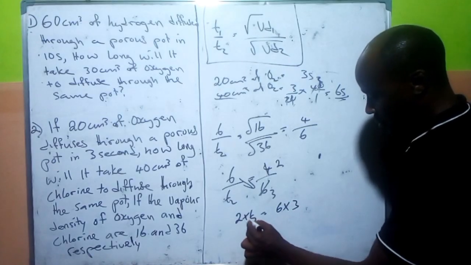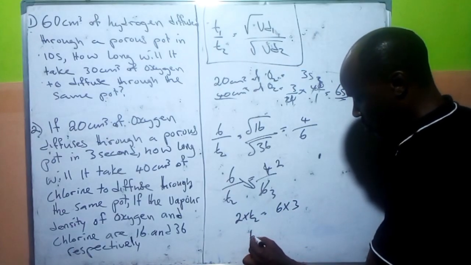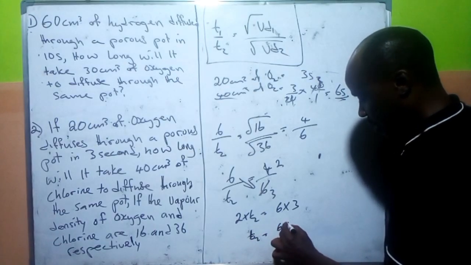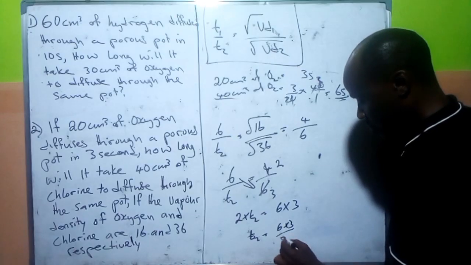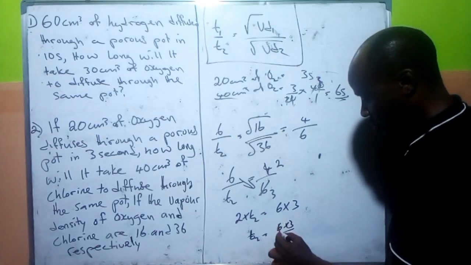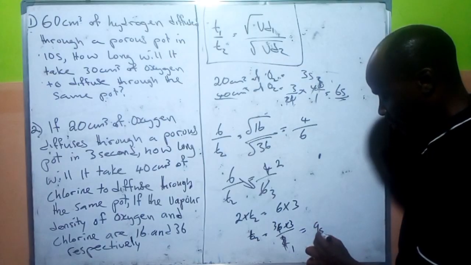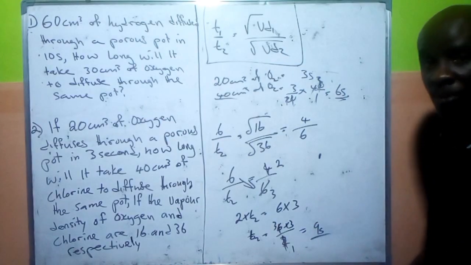Then what next? T2 will then be 6 times 3 all over 2. 2 here we have 1, 2 here we have 3. Then 3 times 3 we have 9. That means 9 seconds for this to happen.